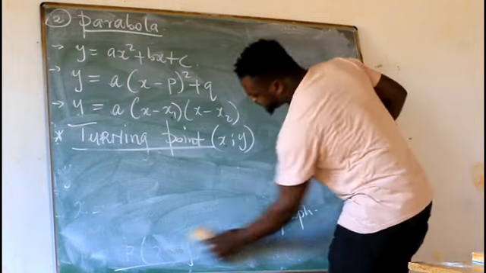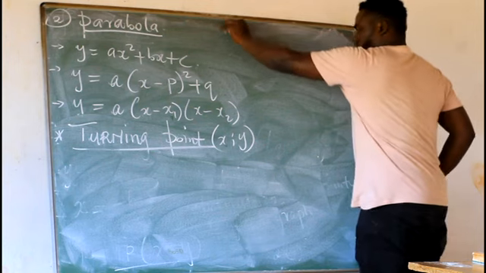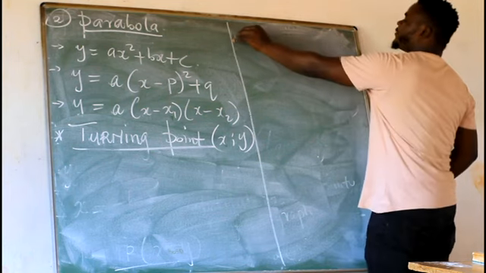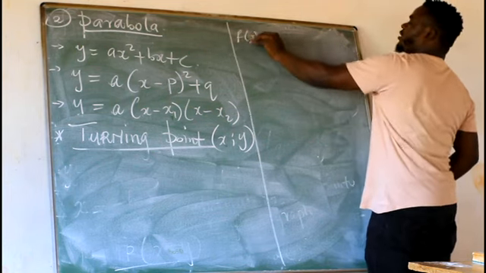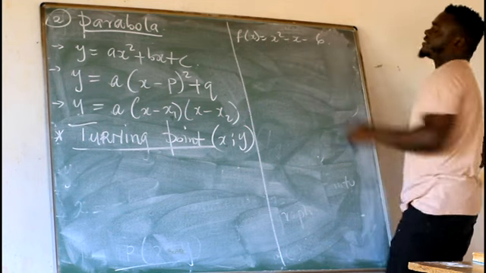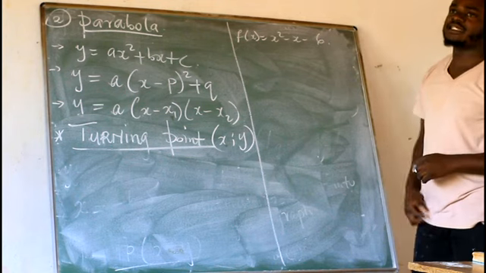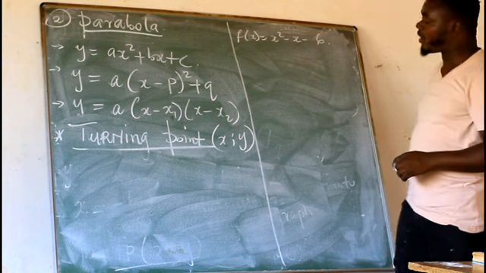Let us say you are given the very same graph, f(x) = x² − x − 6. You are given that graph in this form, and they say determine the turning point of that graph.